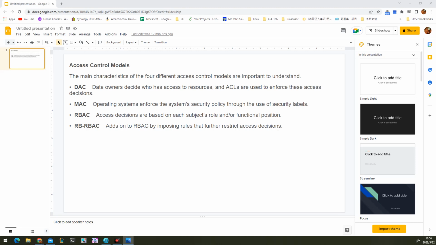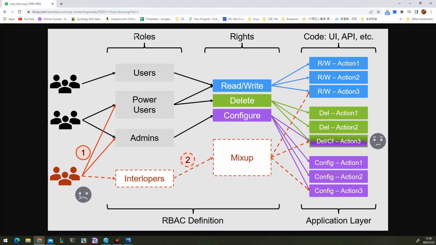The graphic helps us understand the RBAC better. This is the RBAC graphic. I found it on the internet. The RBAC definition. This is a user. All of this is users, but they can have roles at different levels, like the simple user, the power user, or the admin.